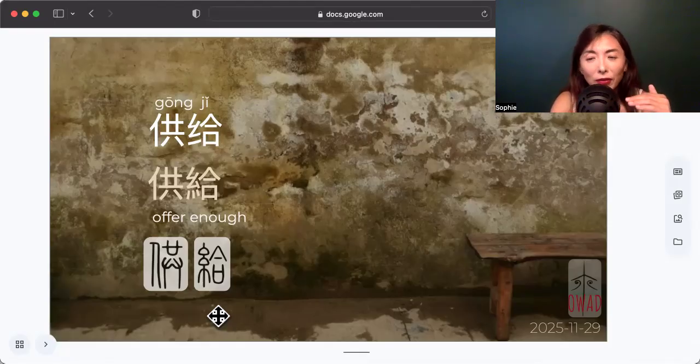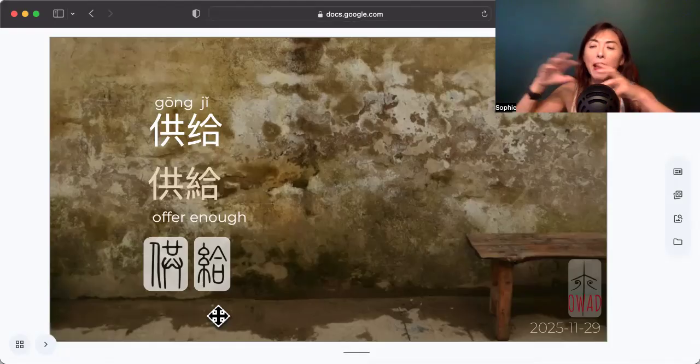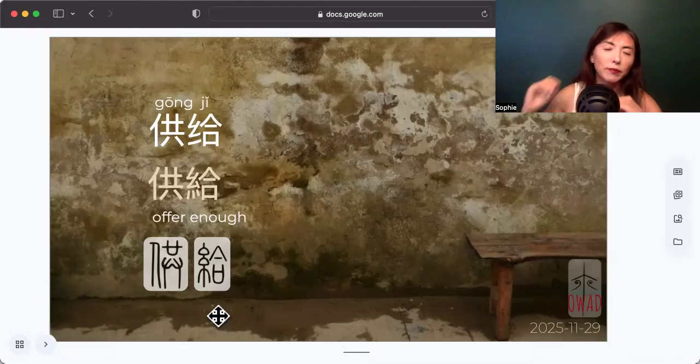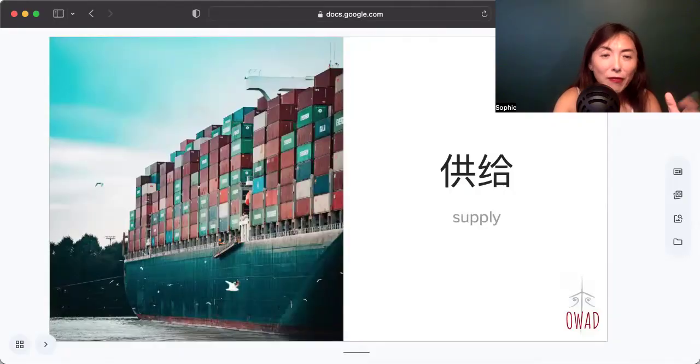So the consequence of clothing versus feeding is on a different level, but the concept is the same. Like you have enough fabric made for this gathering of mouths, this group of people. That's enough. So offer enough is this idealized quantity of supply.